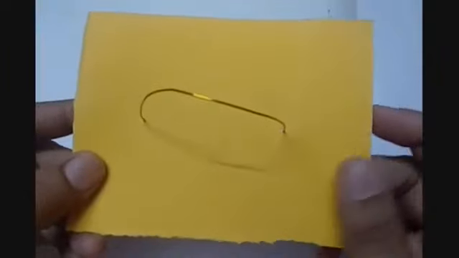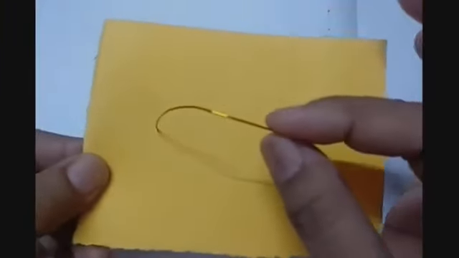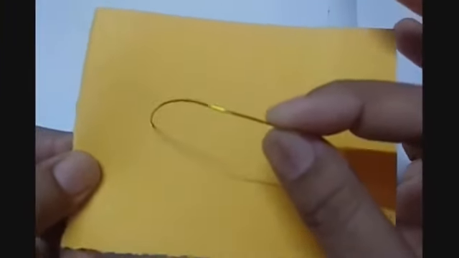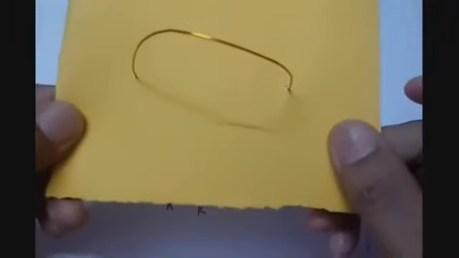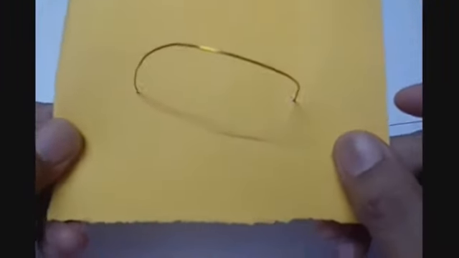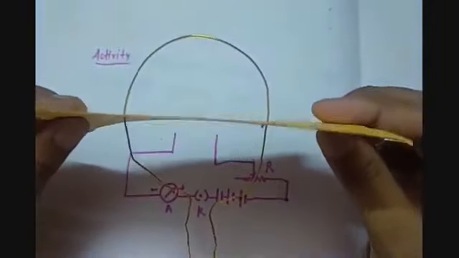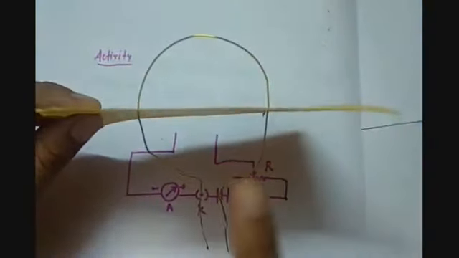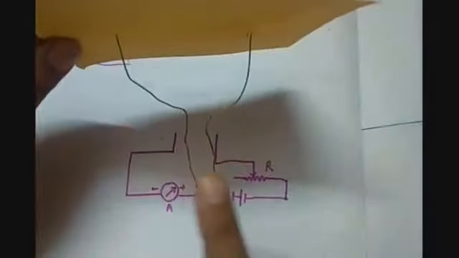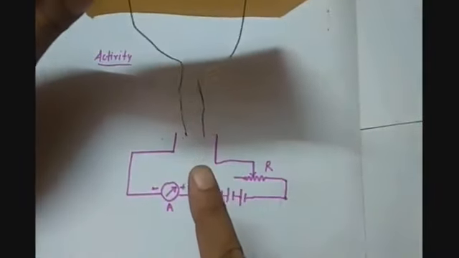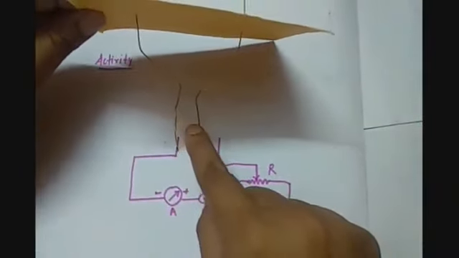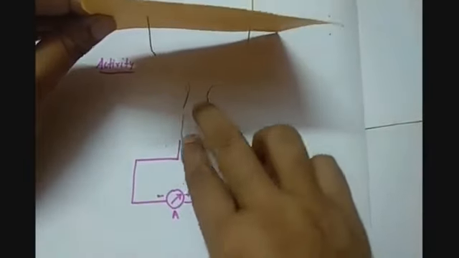So dear students, this is the circular loop of wire passed through this paper, or this cardboard sheet. As you can see here, this circular loop has two ends, and these two ends will be connected to the two ends of the circuit.